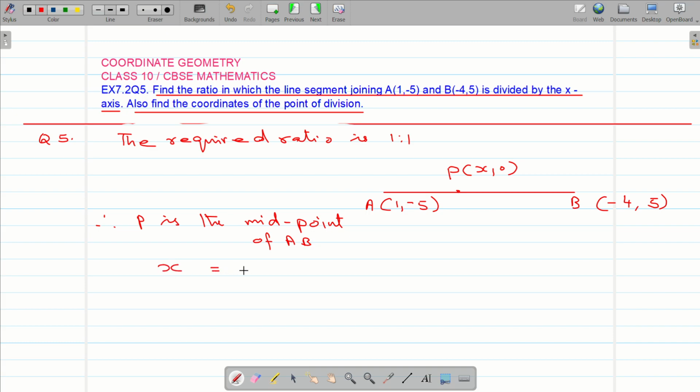So x is equal to x1 plus x2 divided by 2. That is 1 plus minus 4 divided by 2, minus 3 by 2. Y coordinate is already known to us, that is 0.